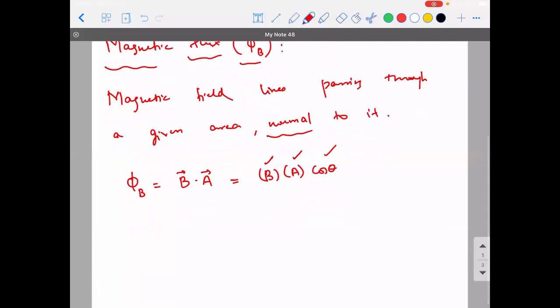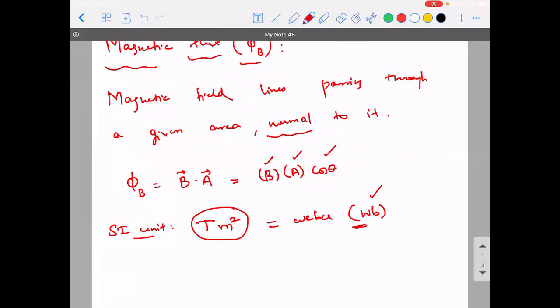So what is going to be the SI unit for it? The SI unit is going to be Tesla meter square, because cos theta doesn't have any unit. This Tesla meter square put together is what is called Weber, which is Wb. Weber is the name of a scientist.